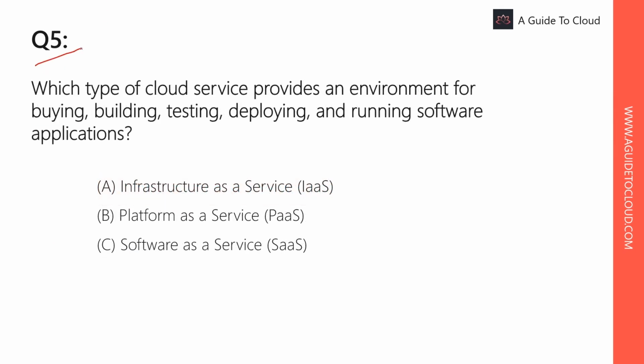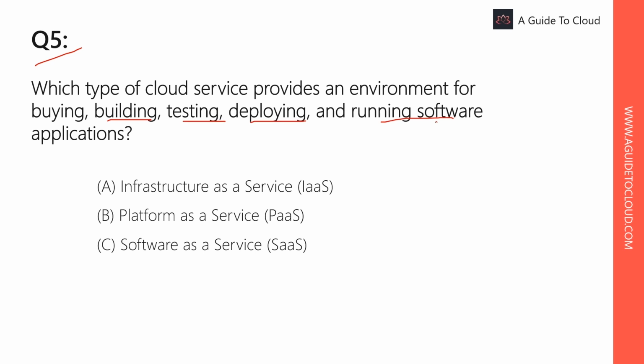Let's look at question number 5. Which type of cloud service provides an environment for building, testing, deploying, and running software applications? So the key over here is building, testing, deploying, and running software.